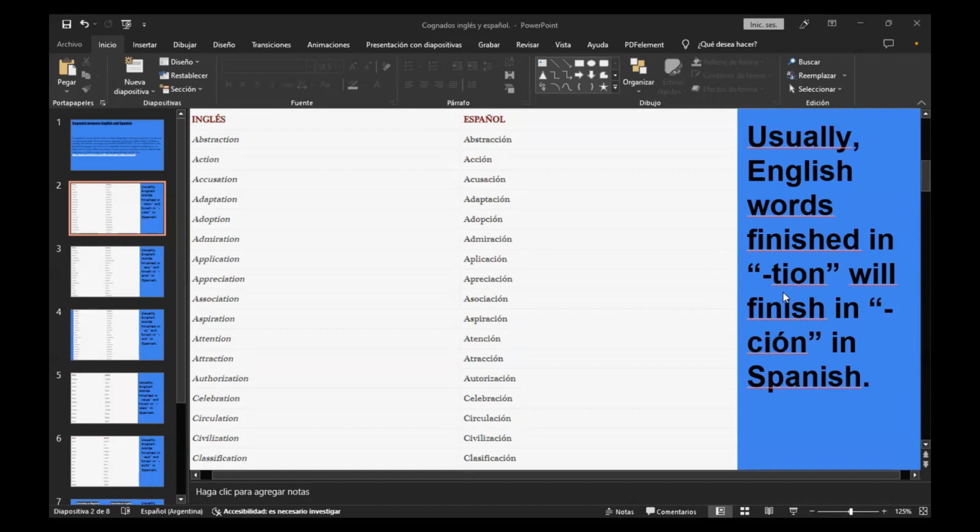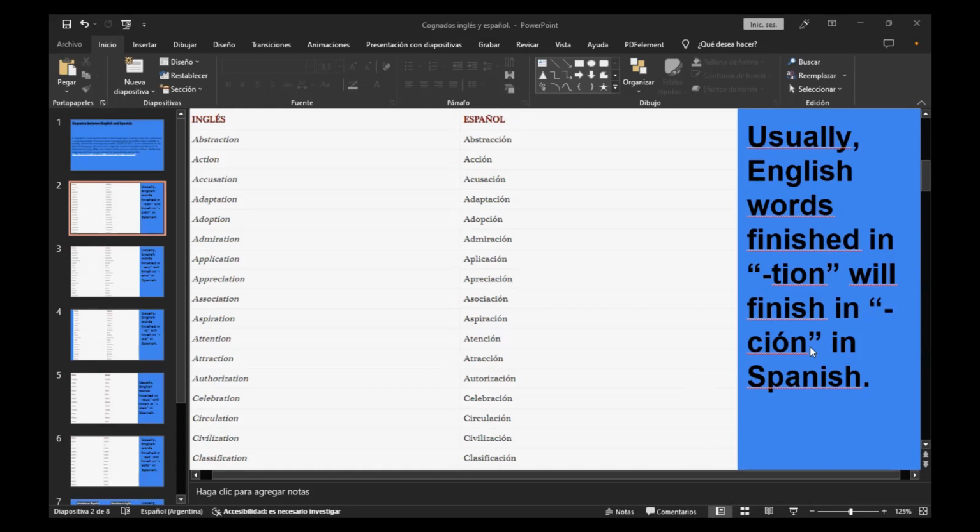Okay, this doesn't necessarily mean that both these words mean the same. They can mean the same or they cannot. That depends on the word. However, whenever cognates do not mean the same, those are called false cognates or fake friends.